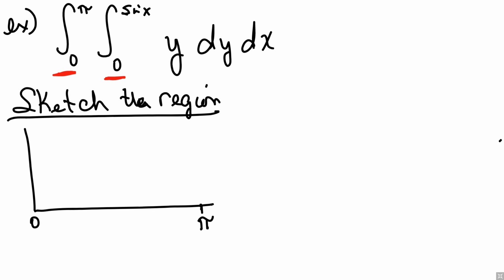So we're going to graph sine of x between 0 and pi. At 0, we know it's 0. At pi over 2, we're going to be at 1, its max. And back at pi, we're going to be at 0. So we're going to get this, and this is the region of integration that we're dealing with.